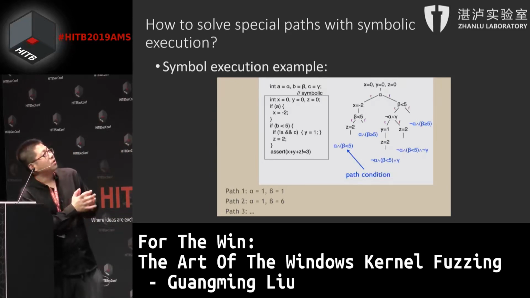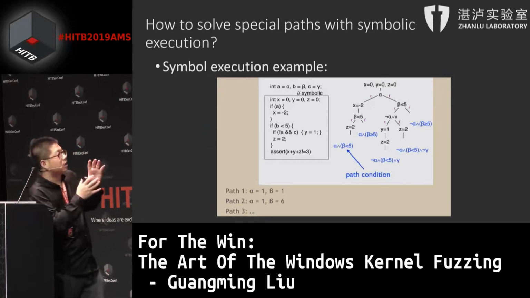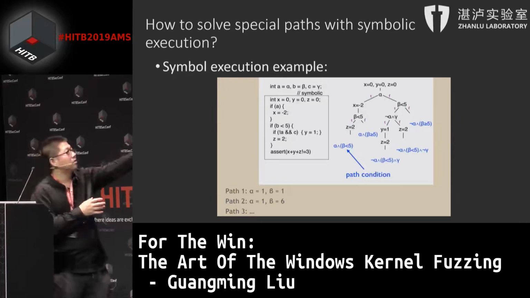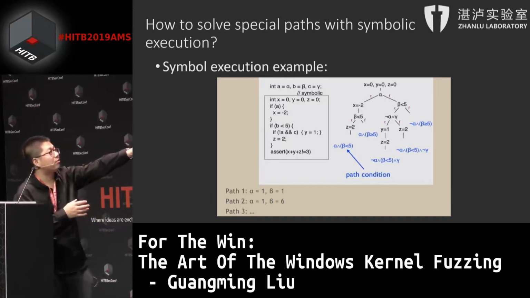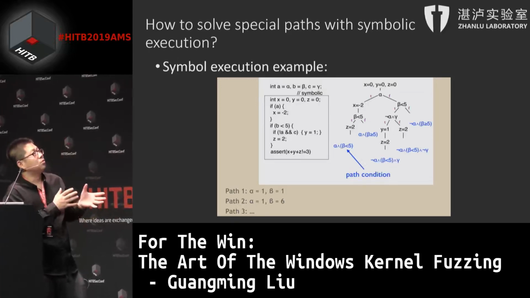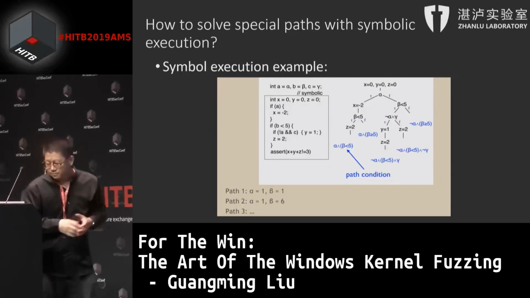S2E will calculate a value to help us reach the three paths. Path 1: alpha is 1, beta is 1. Path 2: alpha 1, beta is 6. And you can reach any path in your program.